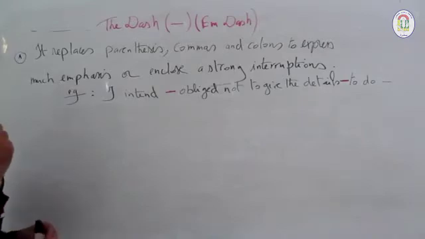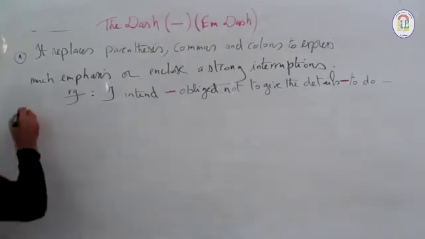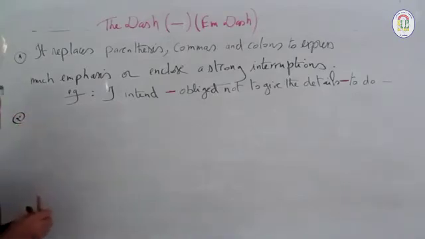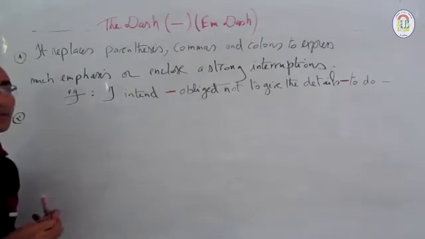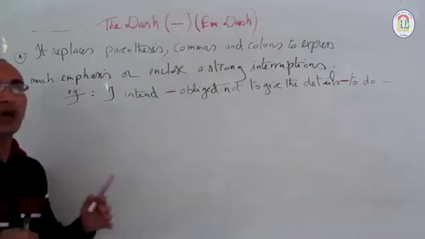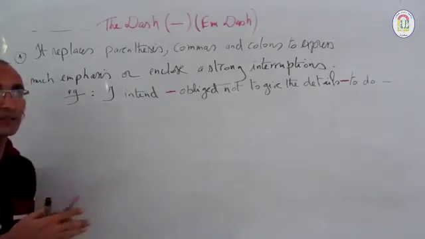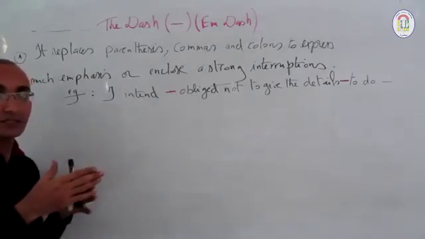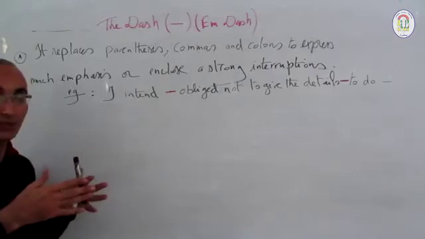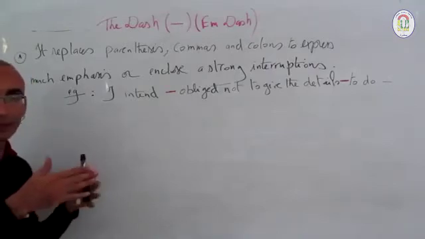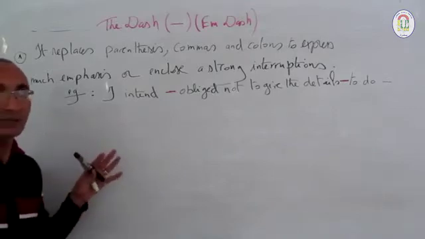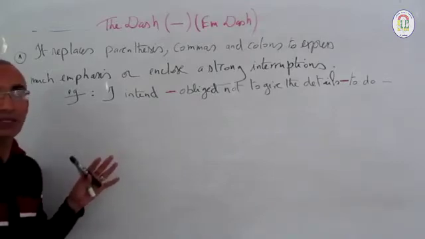Also we have another use of the dash, the M dash, when we have an abrupt change of thought, to indicate that the speaker or the writer shifts suddenly from one topic to another without any clear or obvious reason.